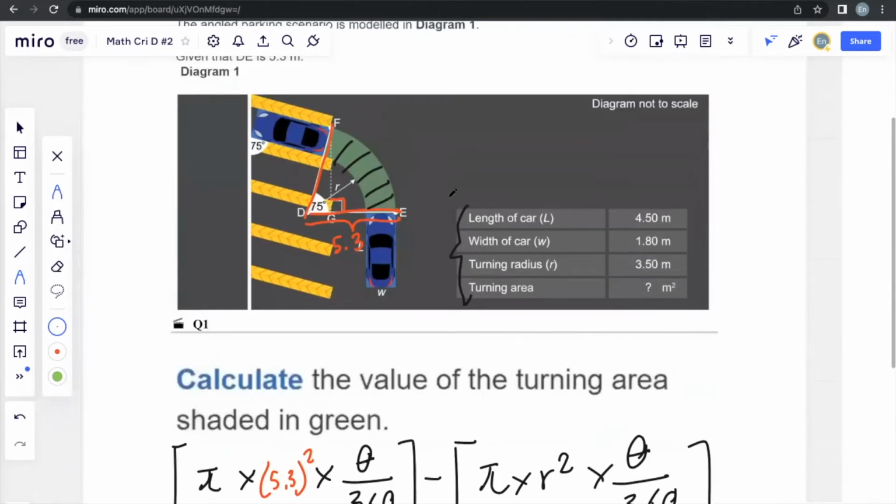we can see that they say the width of a car is 1.8, which means this length is 1.8 meters. So in order to find the radius of the smaller sector, all we have to do is subtract 1.8 from 5.3, in which we will get 3.5.